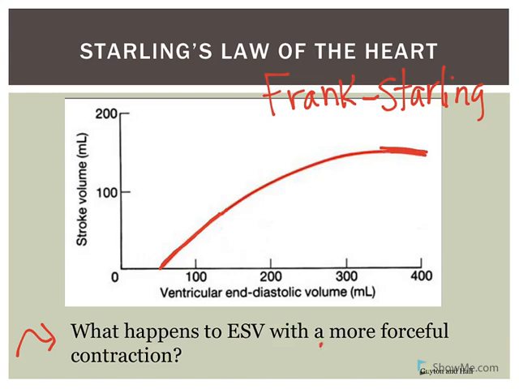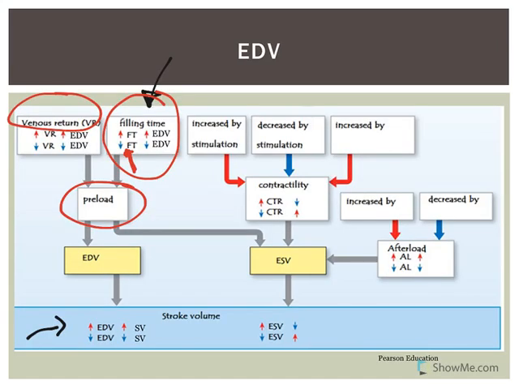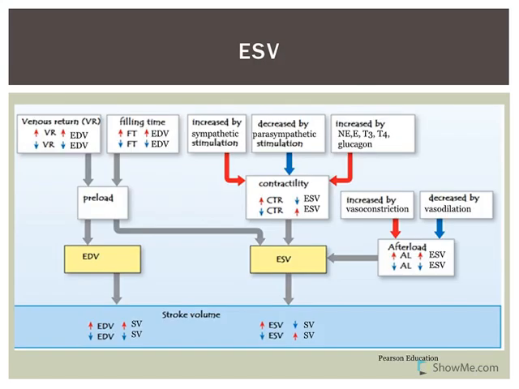That should actually decrease because you're forcing more blood out of the heart, which would lead to an increase in cardiac output. Now, if we go back here again, we'll see there are two major things that affect the end diastolic volume: venous return and your filling time. So the changes in end diastolic volume will affect your stroke volume. Now let's look at things that affect end systolic volume.